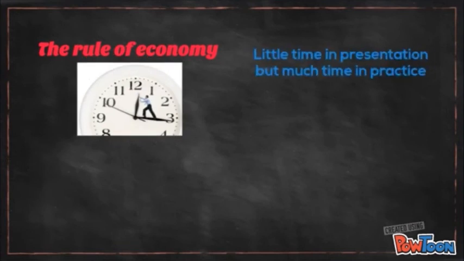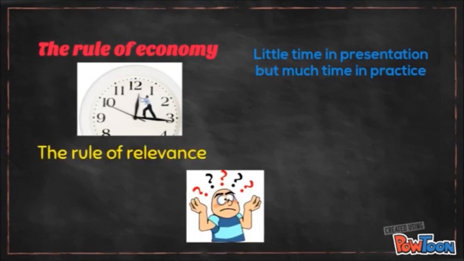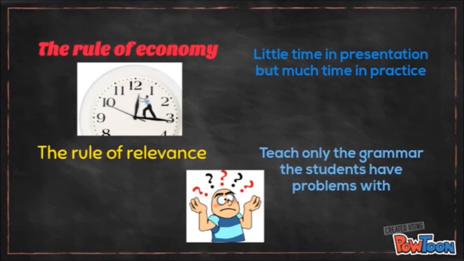Now we have the third rule, that in this case is the rule of economy. It means you don't have to spend too much time presenting the topic, presenting the grammar structure, but you need much time in practice. Our fourth rule is the rule of relevance. Only the grammar the students have problems with.